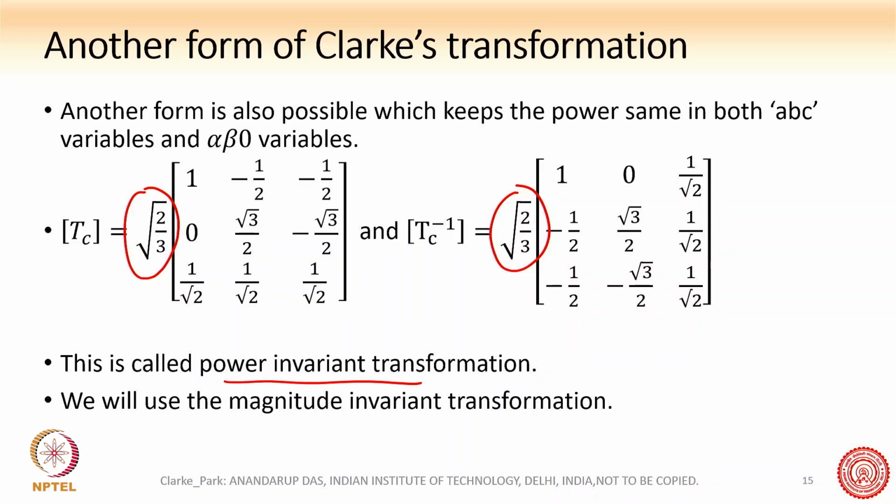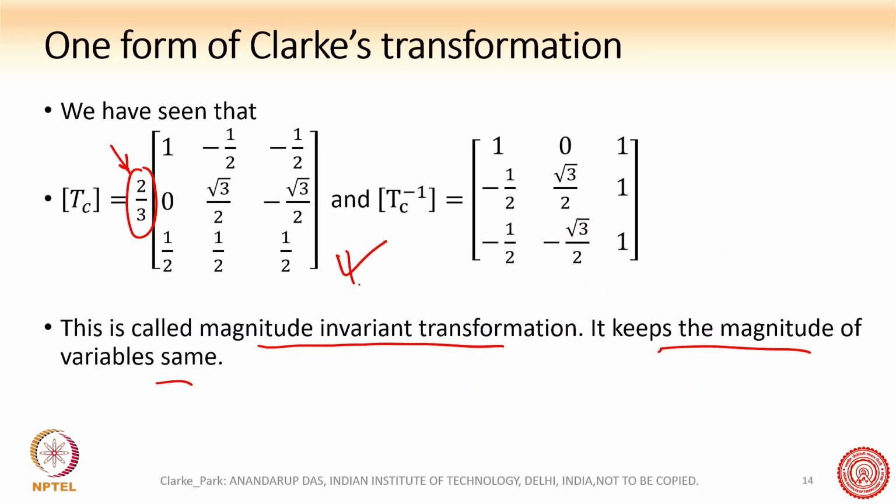We will not use it. Some authors use it because those who work more with power want to keep the power the same. It's the same thing, only a multiplying factor comes into the picture. So in this course, we will use the magnitude invariant transformation as the Clarke's transformation matrix.